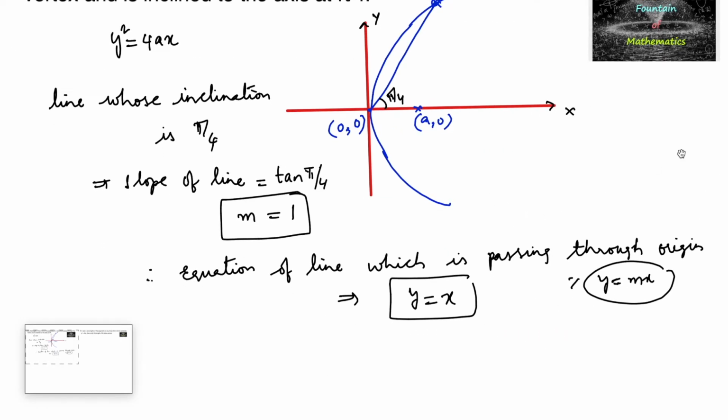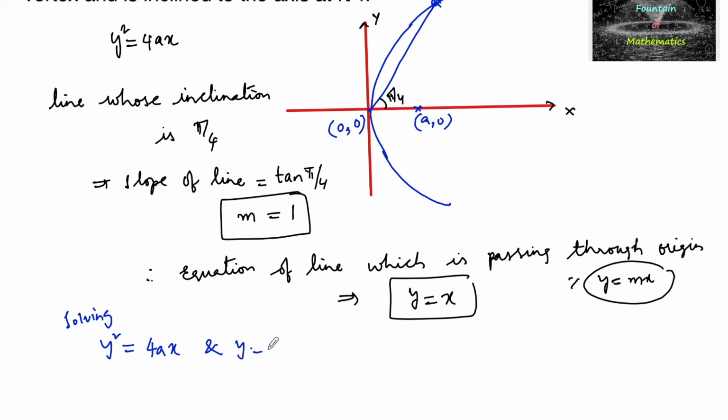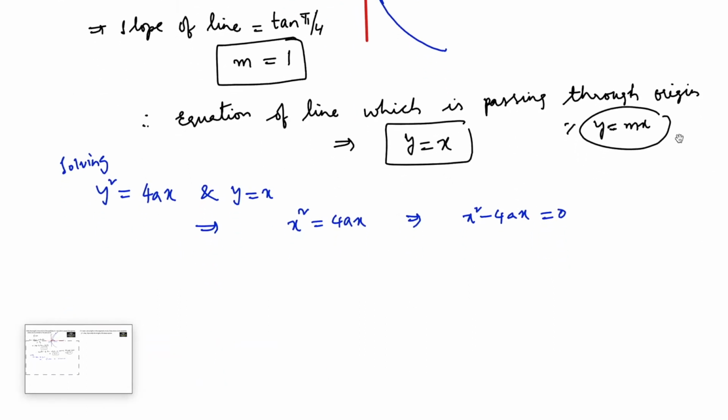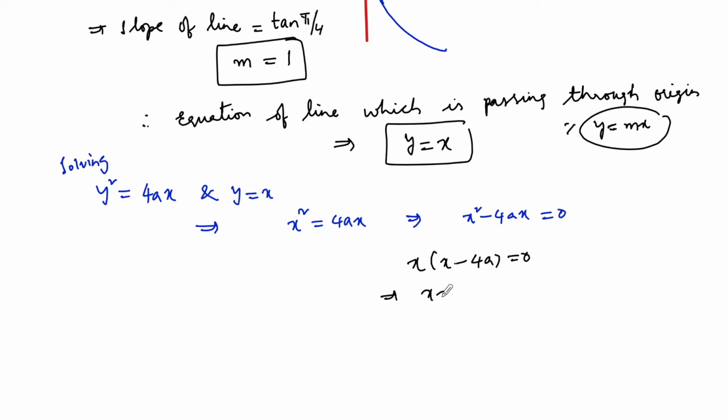So on the line y is equal to x there is a point P, so substitute y is equal to x in y square is equal to 4ax. Solving y square is equal to 4ax and y is equal to x, x square is equal to 4ax, so x square minus 4ax is equal to 0. Upon factorizing, take x common: x into (x minus 4a) is equal to 0, whereby x is equal to 0 or x is equal to 4a.